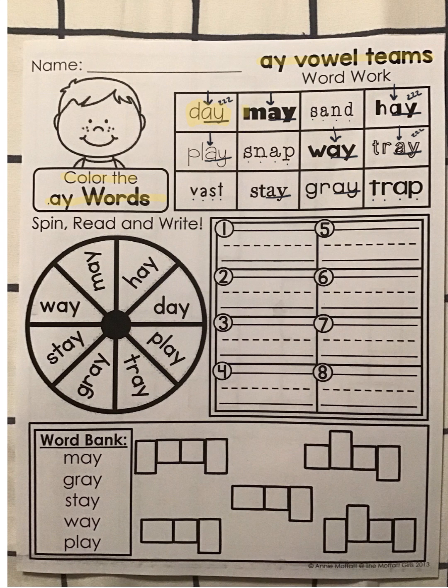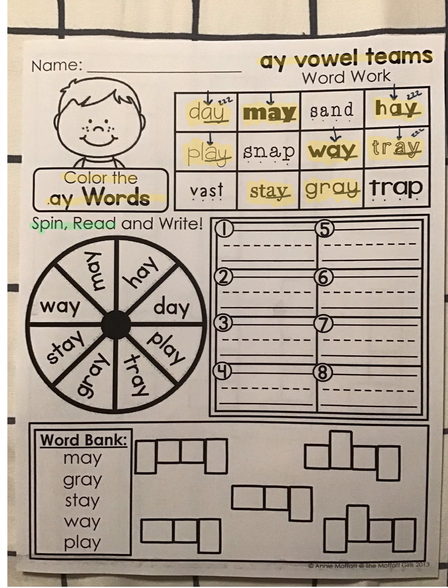D-A, M-A, H-A, P-L-A-Y, play, W-A, way, T-R-A, tray, S-T-A, stay, G-R-A, gray. Way to go. Then down here, I'm going to change colors just for fun.